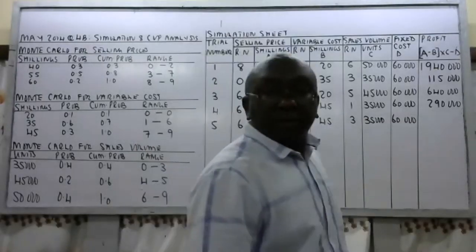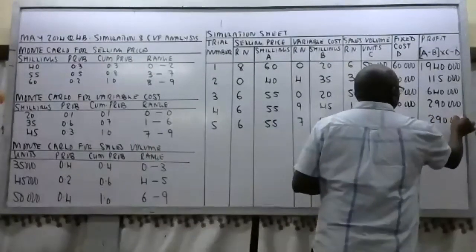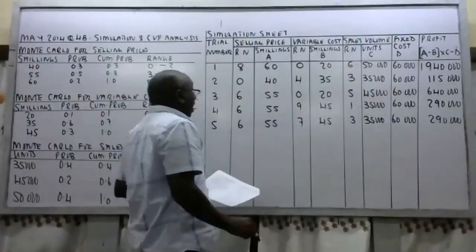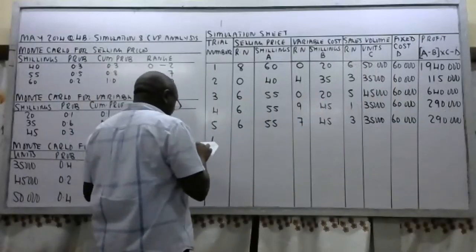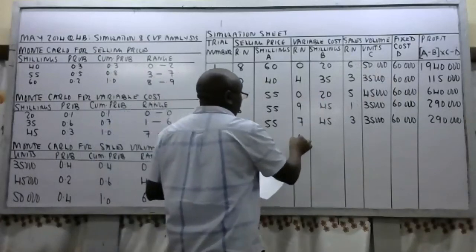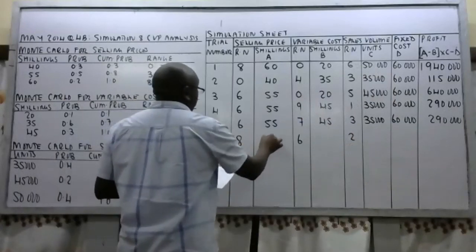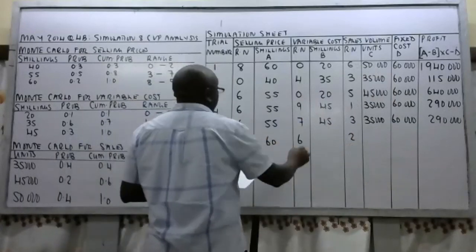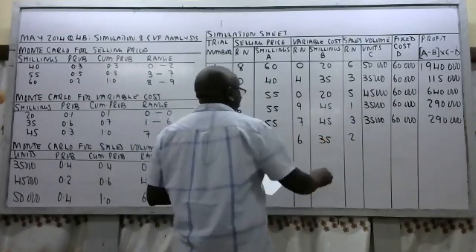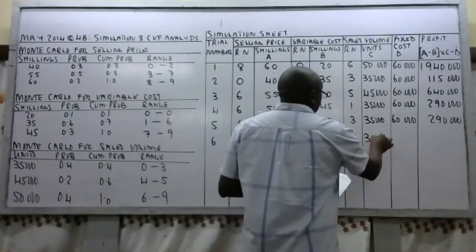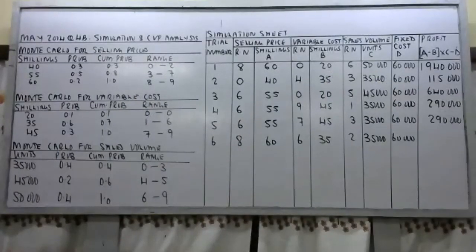Here's June Churchill, 290,000. Number 6. After 673, now I have 862. So 8 is giving me 60. 6 is giving me 35. 2 is giving me 35,000. And this is 60,000. So give me the answer there.